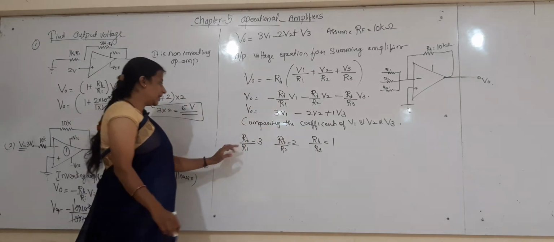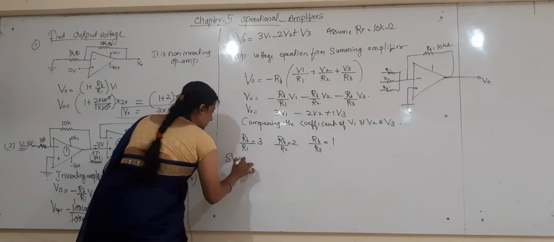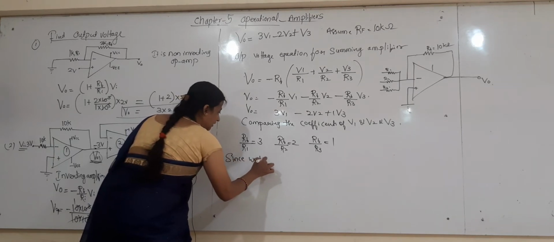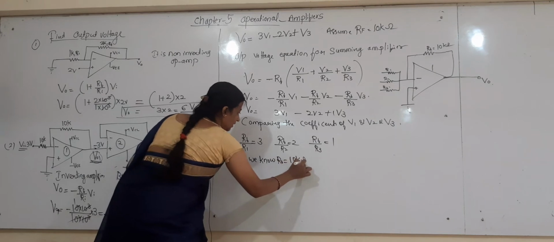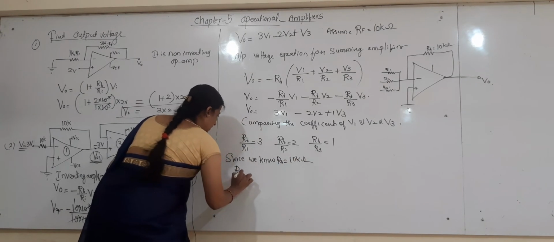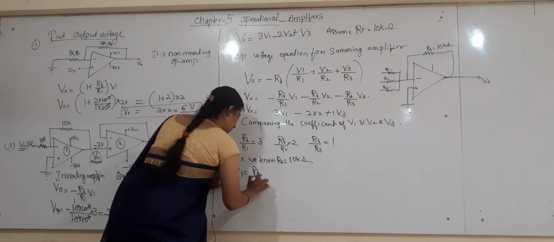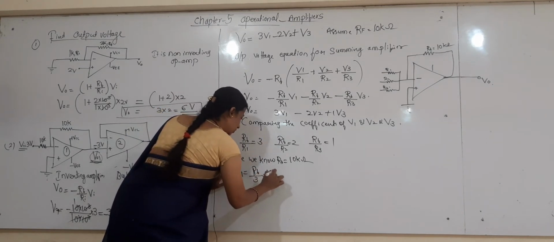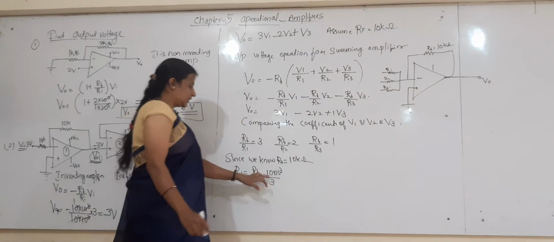So that means, since we know RF is 10 kilo ohm, R1 is equal to RF by 3, that is 10 kilo by 3, 3.33 something.